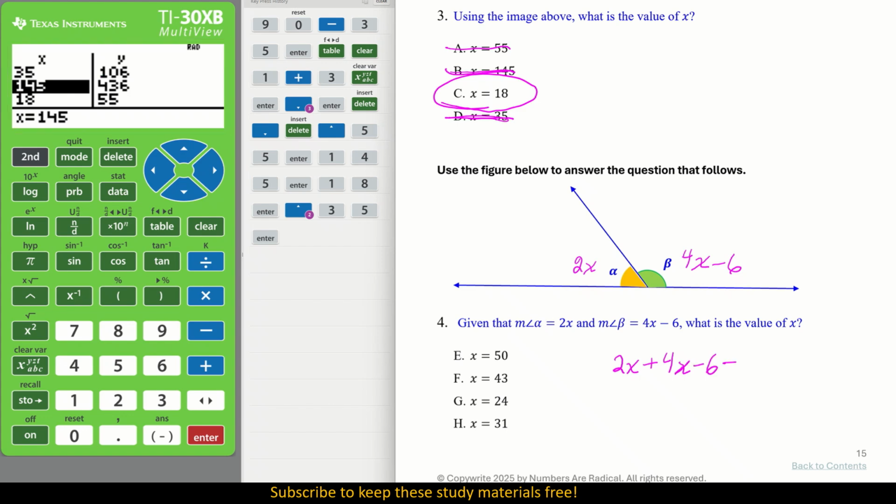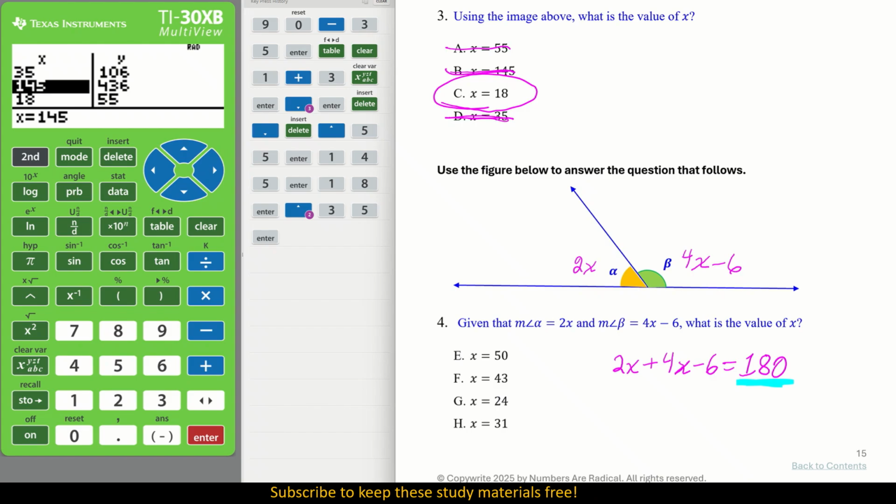Minus 6 equals 180. So to save time, this is what I'm going to do. I'm not going to do any manipulation at all. I will put the left-hand side in, arrow until I find 180 and go with it. Because I'm not looking for a total angle measure.